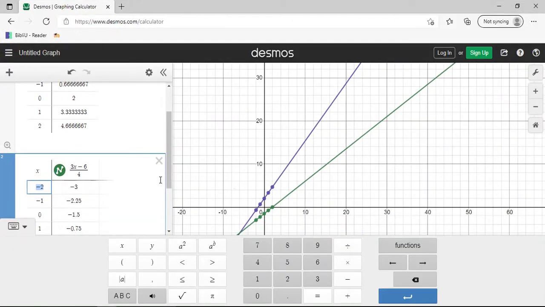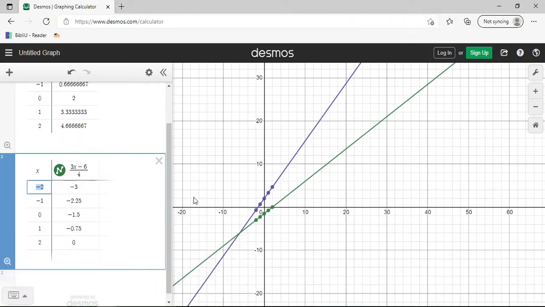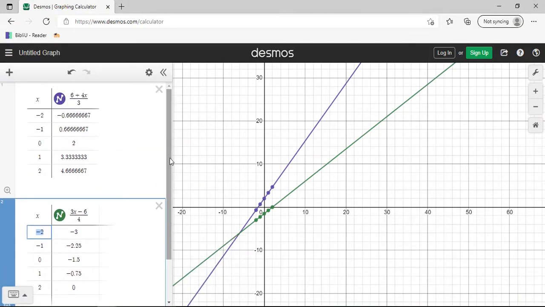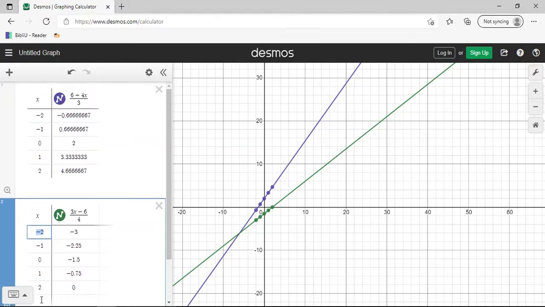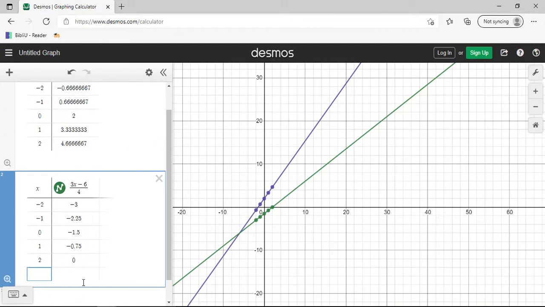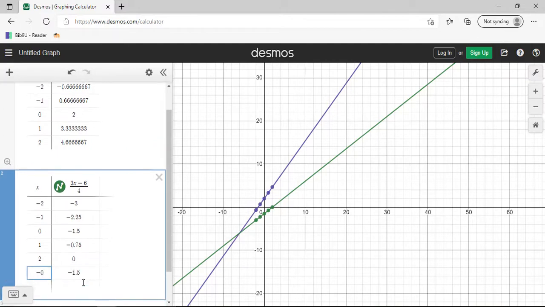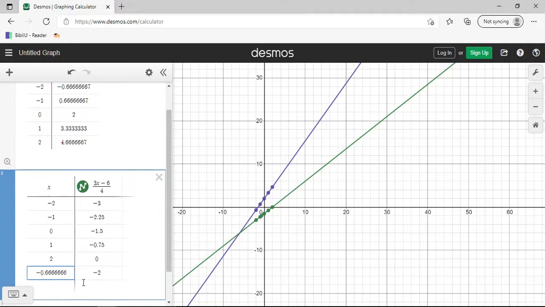Because they ask, are they inverses of each other? So basically, let's take a look here. Where x is -2, we will have to put this value in down here for x. Let's put in -0.666666, and then we could put 7, and you see that it's -2.